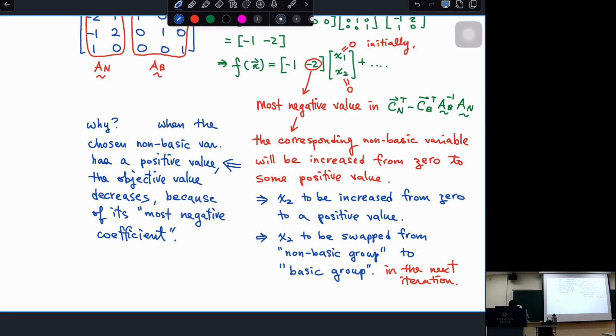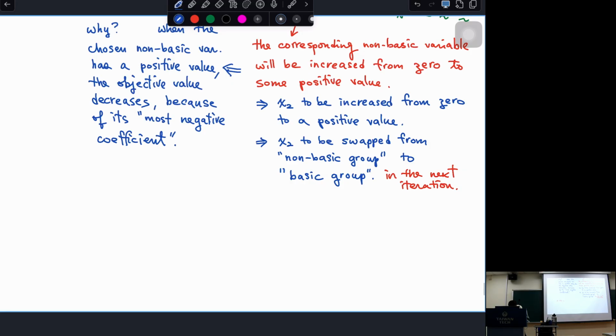So this process will be performed once in each iteration. Okay, only once.